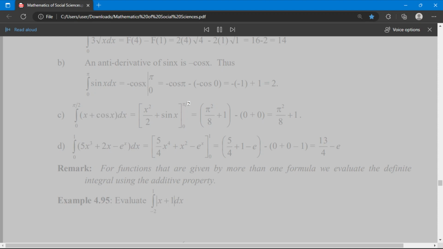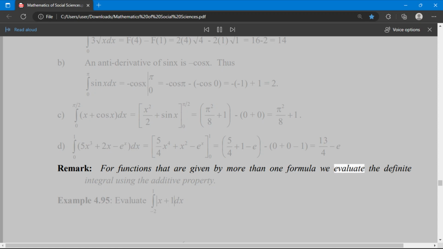C. ∫₀^(π/2) cos 2x dx equals (1/2) sin 2x from 0 to π/2, equals 0 − 0 equals 0. D. ∫₀¹ (5x² + e^x) dx equals (5/3)x³ + e^x from 0 to 1, equals 5/3 + e − 1 equals e + 2/3.